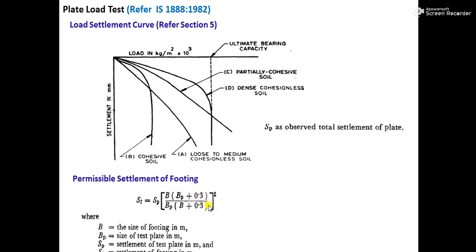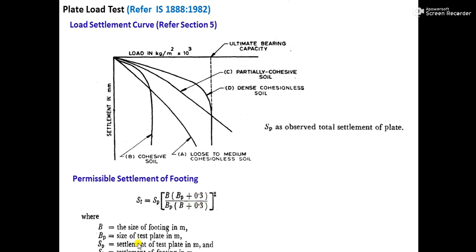Don't worry about that. What does it mean? If you are using this BP and B value in meter, then it will be 0.3. If you are using this BP and B value in centimeter, then it will be 30. Okay, so is it clear?